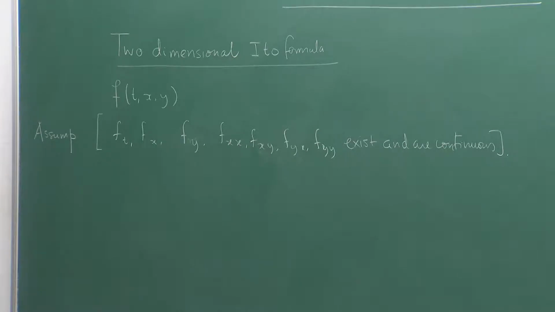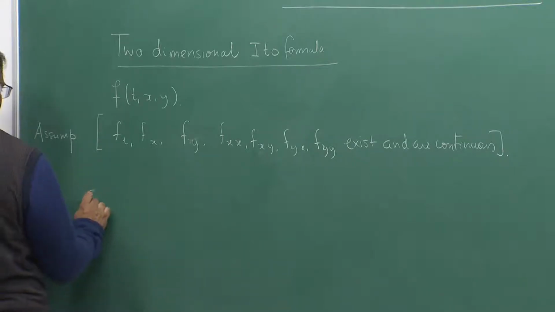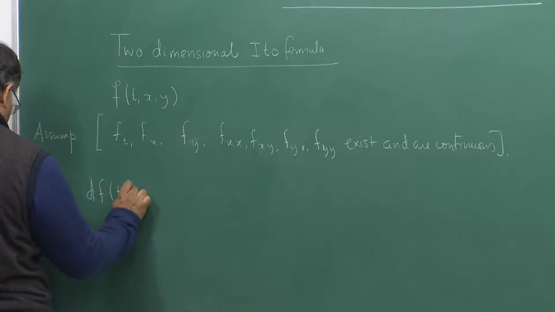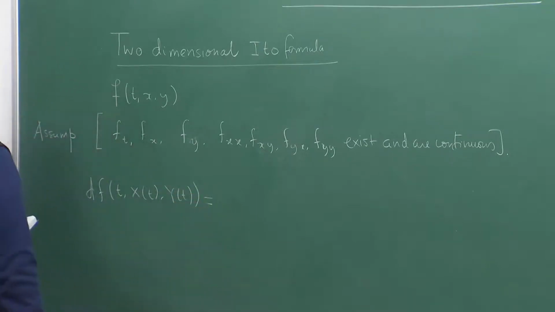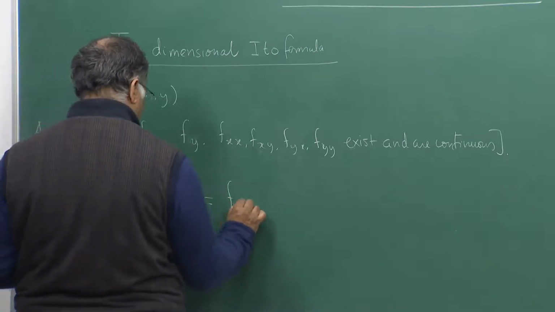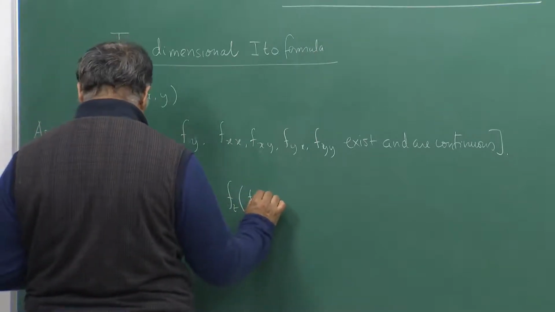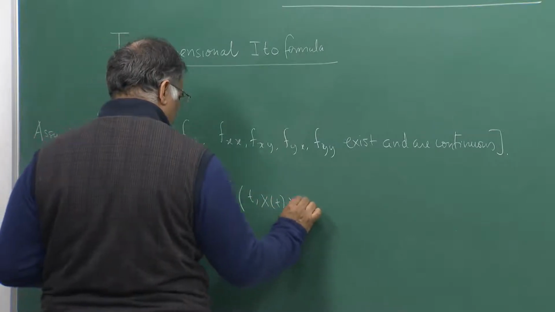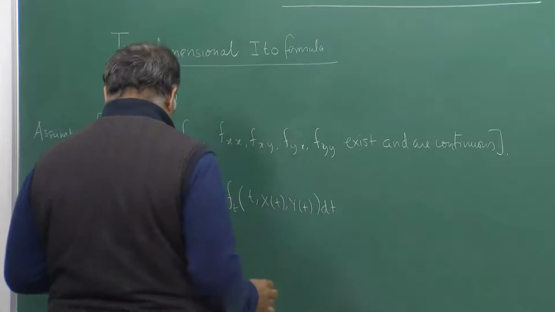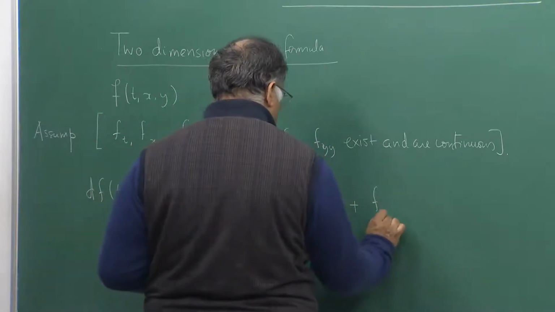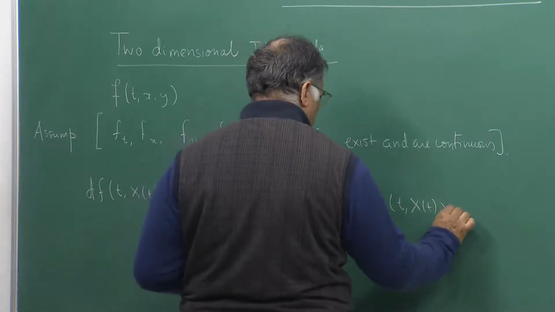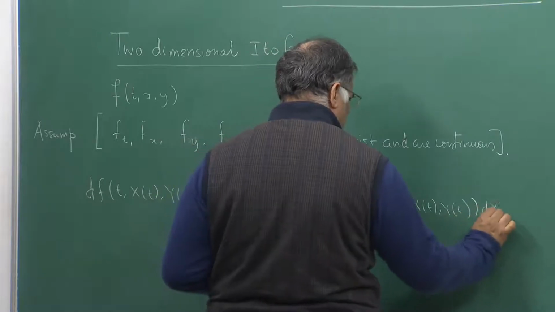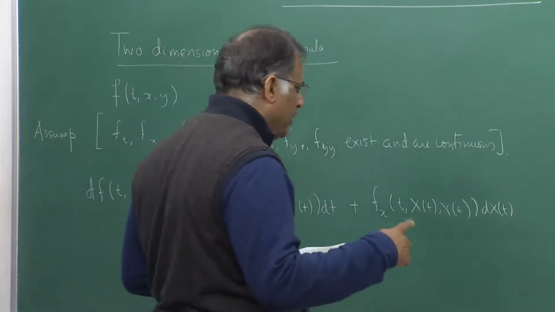The Ito formulas are basically stochastic Taylor's formula, Taylor's expansion. df(t,x_t,y_t) is equal to f_t(t,x_t,y_t) dt, plus with f_x you will have the dx_t term, f_x(t,x_t,y_t) dx_t. With f_y you will have the dy_t term.